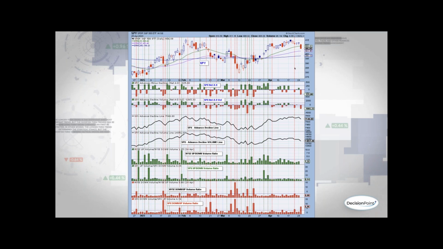So today would be marked with a red vertical line because it is a downside climactic event. Now the question we ask ourselves once we get one of these is, is this an initiation of a new move, or is this an exhaustion of a current move?